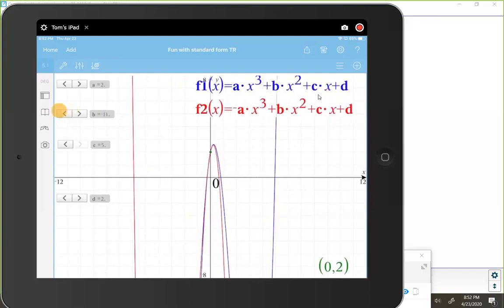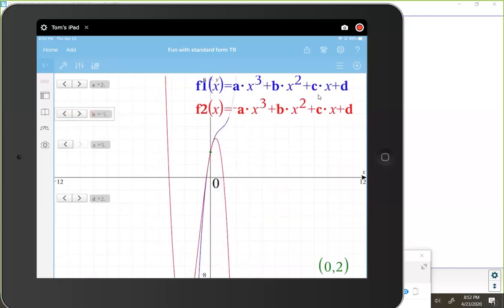Just like we had a tangent line, we have a tangent parabola that somehow comes into play here. I'm running out of time, but I just thought I'd throw that out there. You can get the file and play with it. So let me switch over to computer mode.